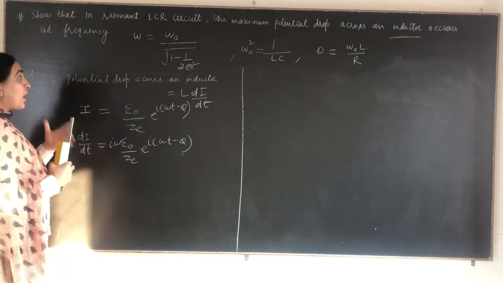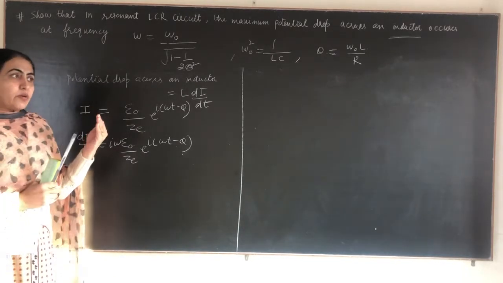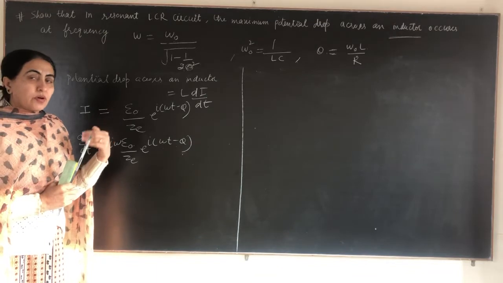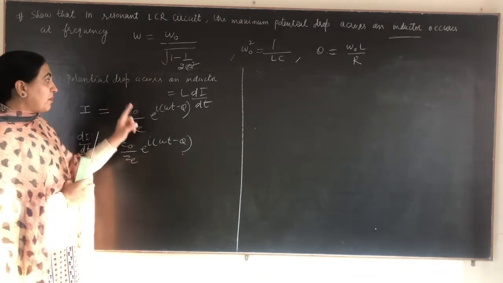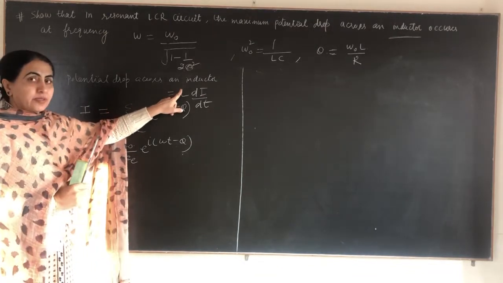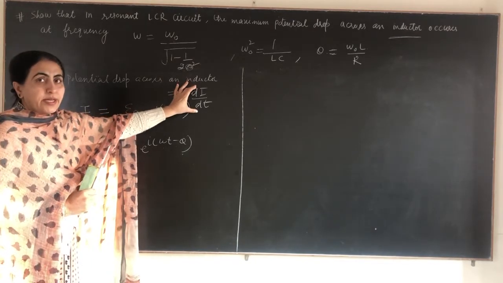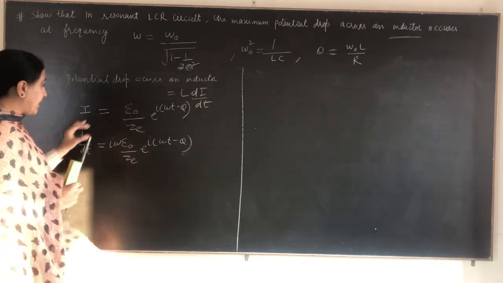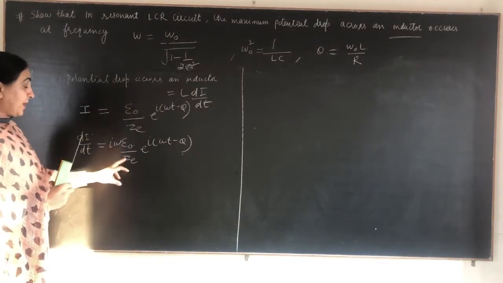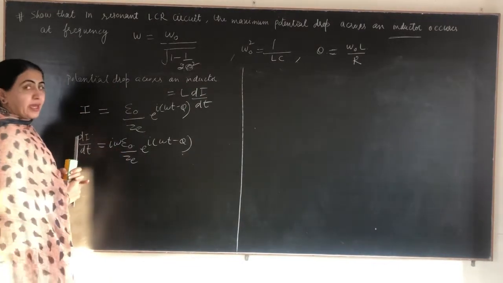Now we want to find out the maximum potential drop across an inductor. The maximum potential drop across an inductor will be maximum when this di by dt will be maximum, and di by dt will be maximum when Z over omega will be minimum.